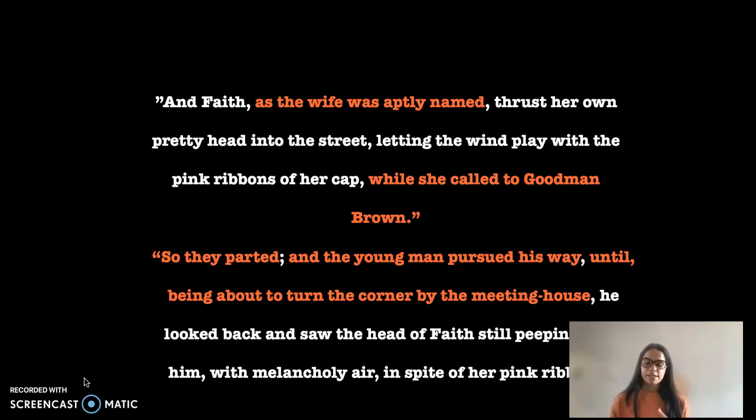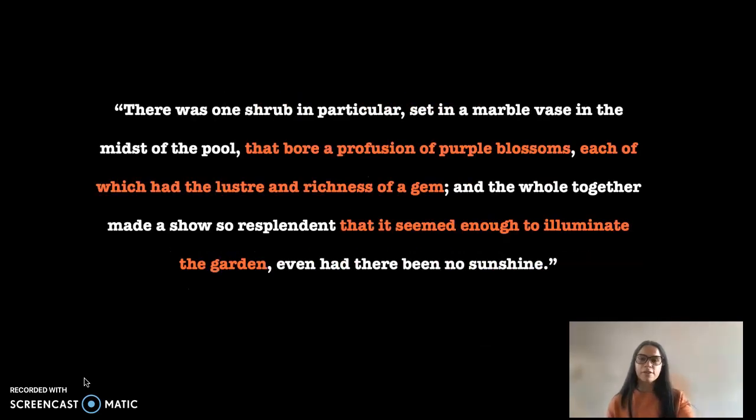Hawthorne continues this long sentence length in Rappaccini's Daughter. However, he uses noun clauses in terms of emphasis. So he's primarily describing one specific object, but he's using these noun clauses to emphasize the importance of the independent clause, the object of the shrub.